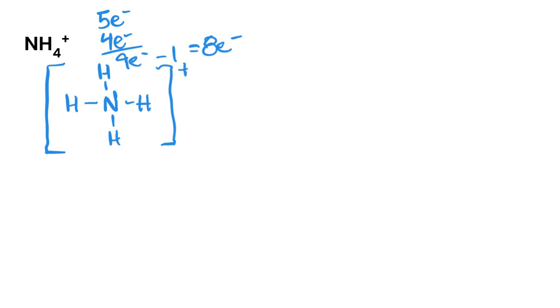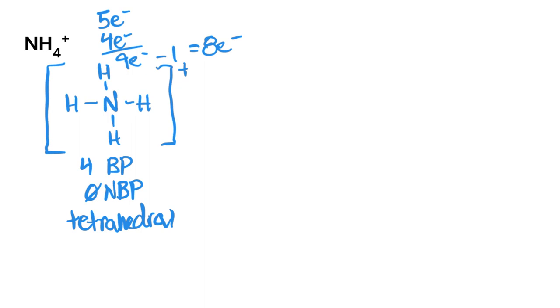Now looking at the nitrogen, it has 4 bonding pairs and 0 non-bonding pairs. So this is a tetrahedral shape. So we can go ahead and draw in the VSEPR shape.